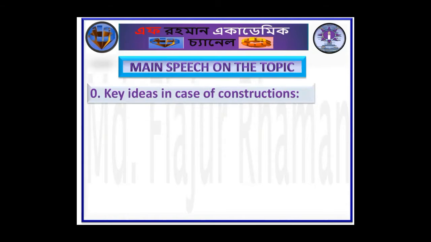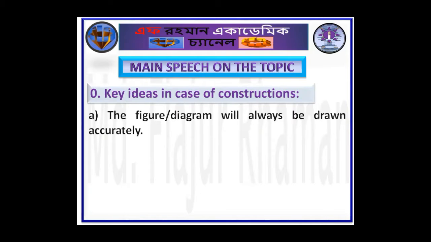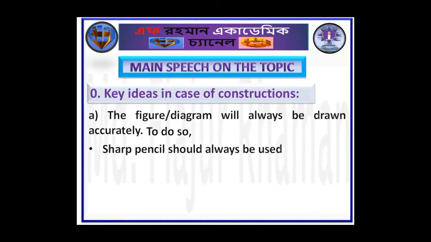Main speech on the topic, key ideas in case of constructions. The figure or diagram will always be drawn accurately. To do so, a sharp pencil should always be used.